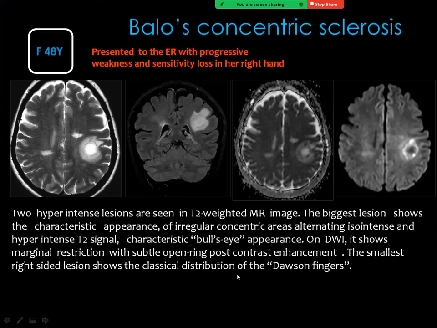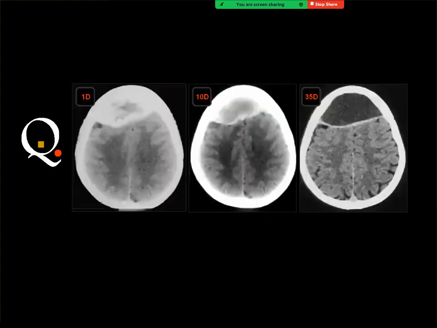So because it is now seen frequently, I don't know why, I wanted you to know something about this lesion so you can diagnose it if you are confronted by a similar case.